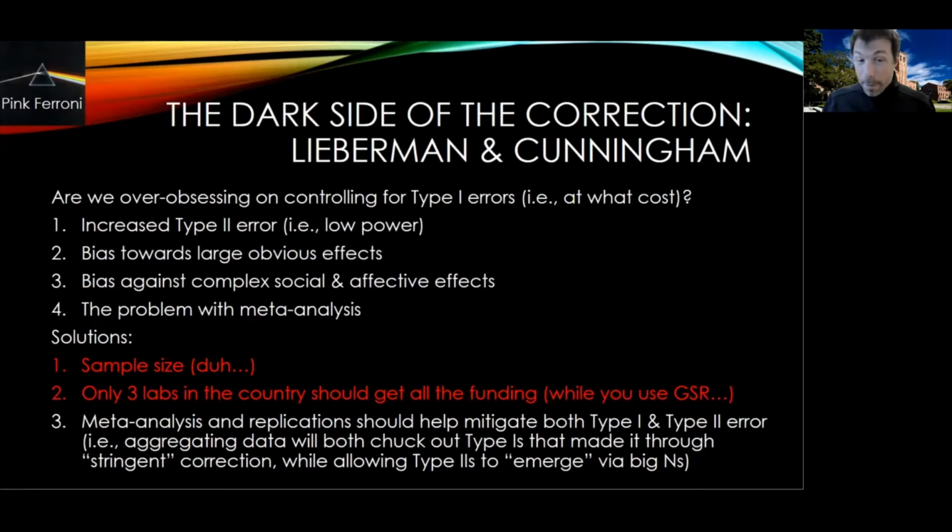And so maybe we might allow a few more type 1s in favor of fewer type 2s, knowing full well that as we collect more studies on the same thing, we will correct the record, or rather we will aggregate into a synthesis of multiple studies. And this would allow us to correct for the type 1s and would allow type 2s to then emerge.